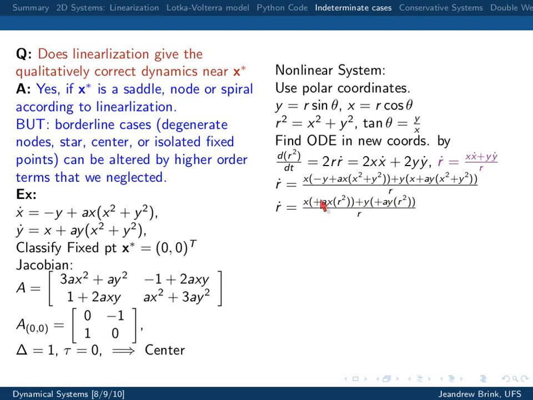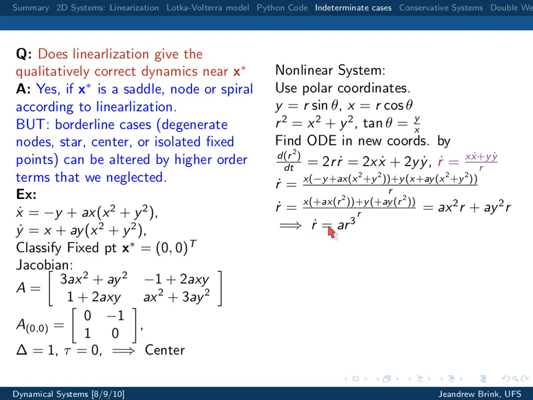And so I'm again going to have x squared here plus y squared over there divided by r, and I'm going to be able to write it like that, where I've now divided by r the r squared, and then finally I'm going to get this expression. So you can see this is a 1D equation. You can solve it analytically, and you can actually get an exact solution for the problem simply by choosing good coordinates.